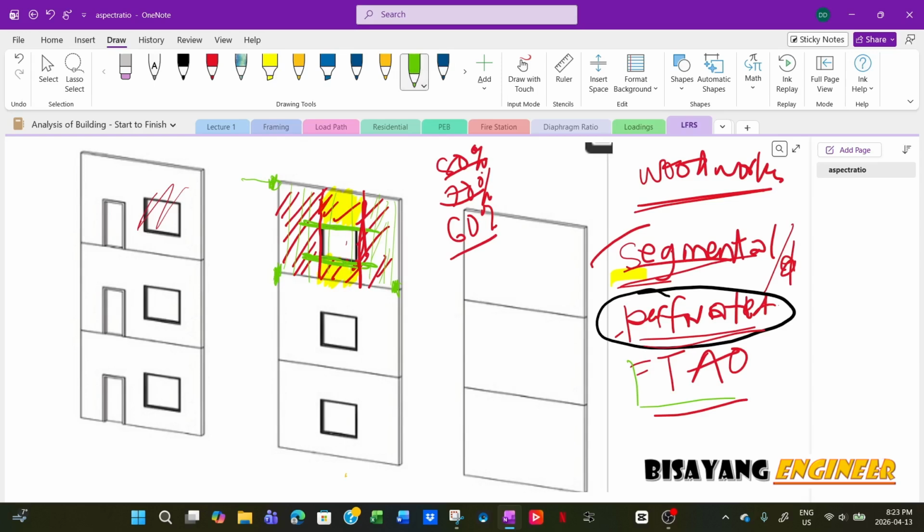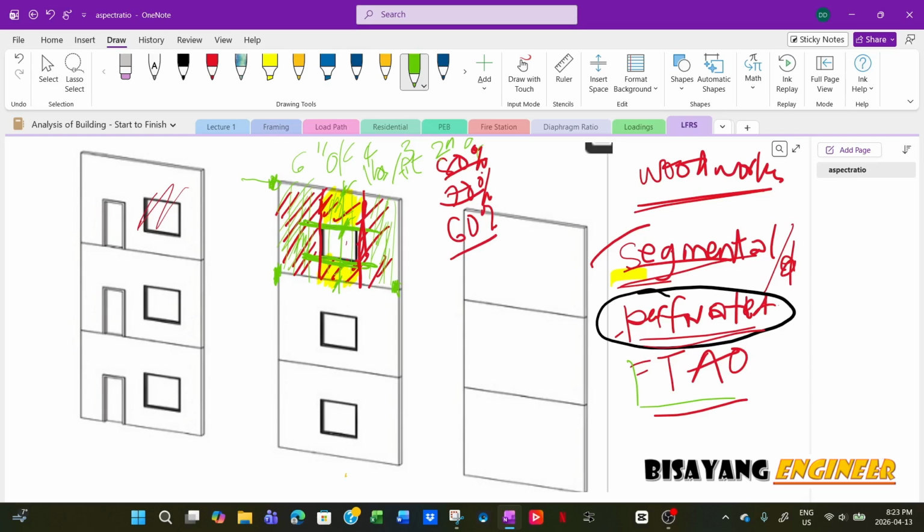So whatever the reaction here, you divide this by the total height, and that is the shear force at this one in, say, pounds per foot. And then you compare that with the capacity for shear wall. Whatever the spacing, you can have 6 inches on center nail, or 4 or 3 or 2 inches on center. And for this one, you will expect a much farther spacing than this area here.